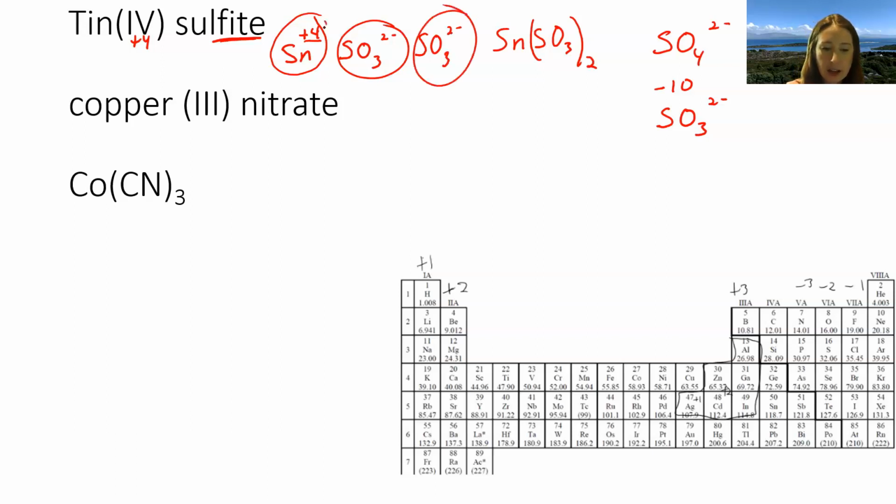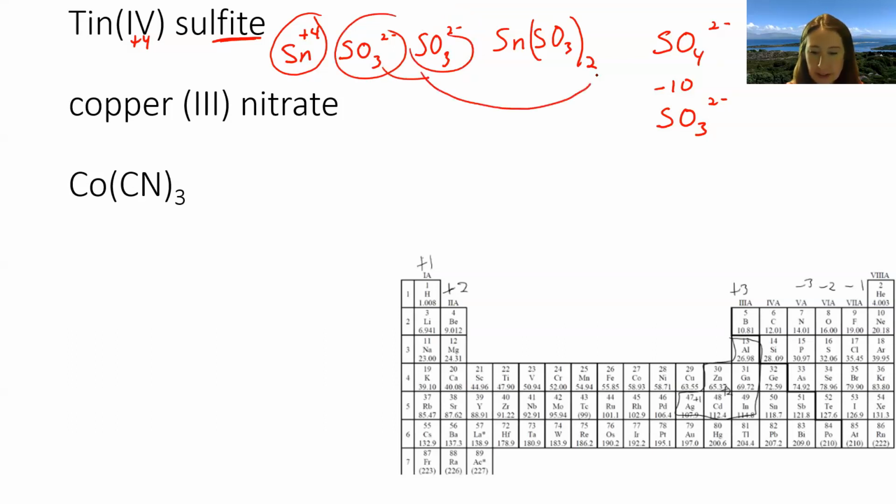So when we add this up, +4 -2 -2 is a 0. This extra sulfite here, there's 1, 2 sulfites, that's where that 2 comes from, right? That's what the charges are. That's why we have the 2 with the charges. That's just another way to think about it.